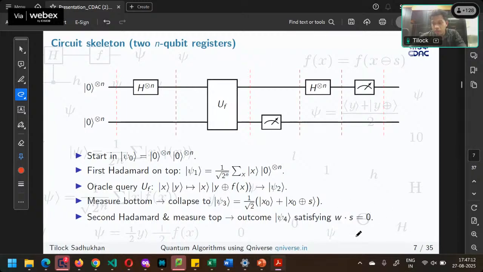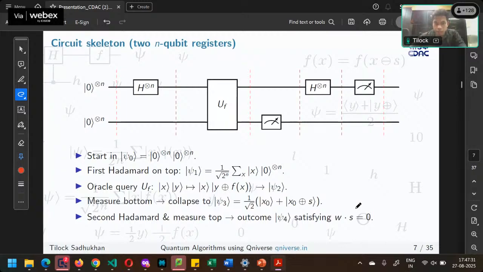Now, if we stack all the rows into a matrix and try to solve it, we will get the secret string. So that is the main essence, or main idea, behind this algorithm.